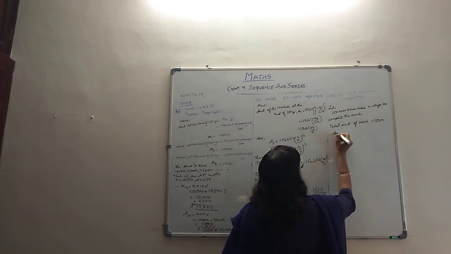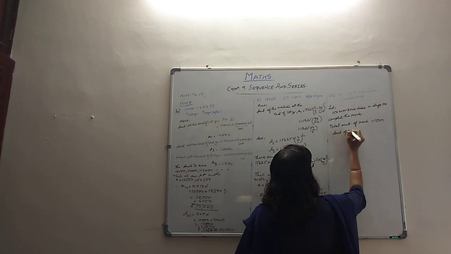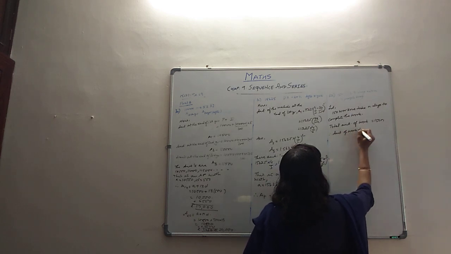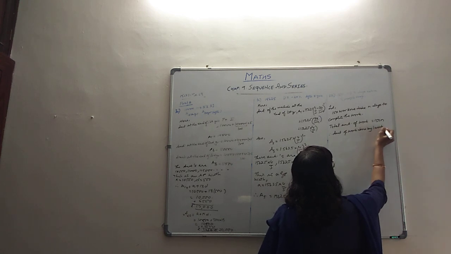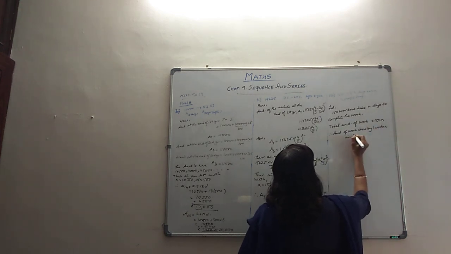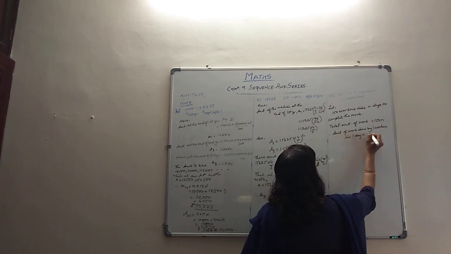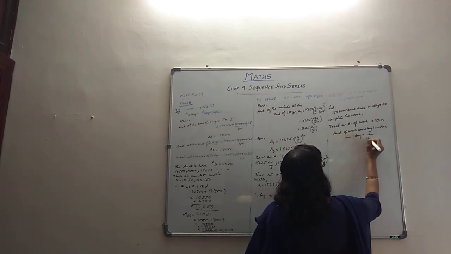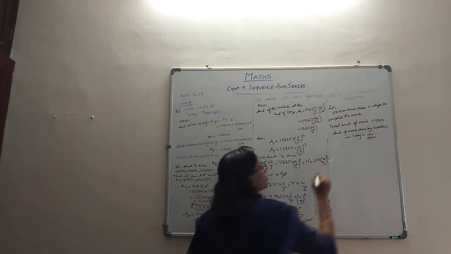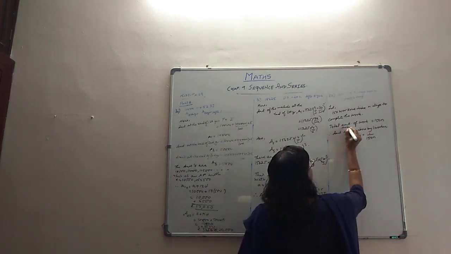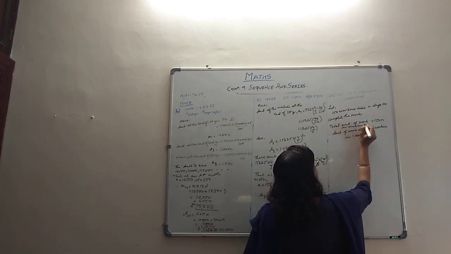Therefore, the amount of work done by one worker in 1 day is 1 by 150n of work, for 150 workers for n days.